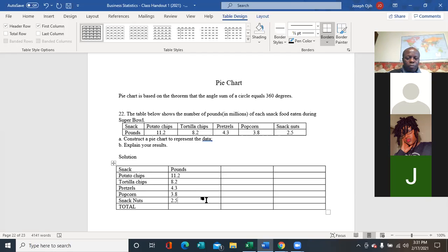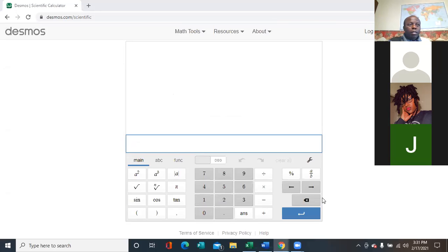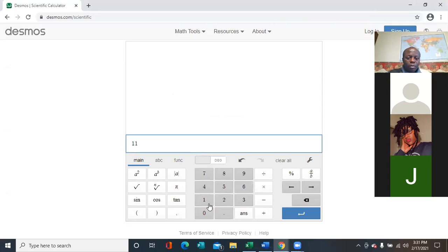So I'm going to take you to the free online calculator. Remember I told you about the free online calculator, Desmos. So we have 11.2 plus 8.2, plus 4.3, plus 3.8, plus 2.5.